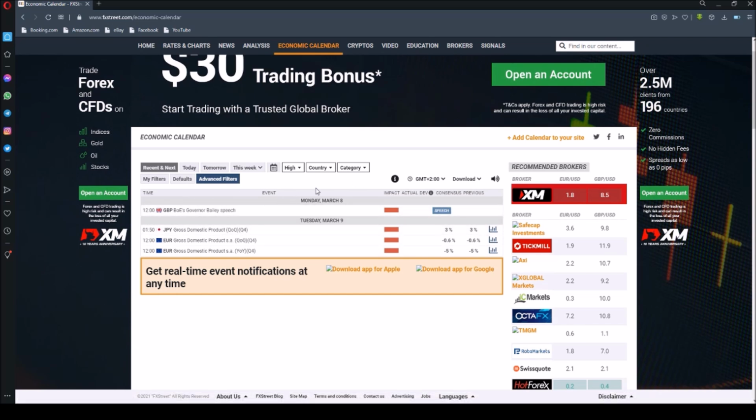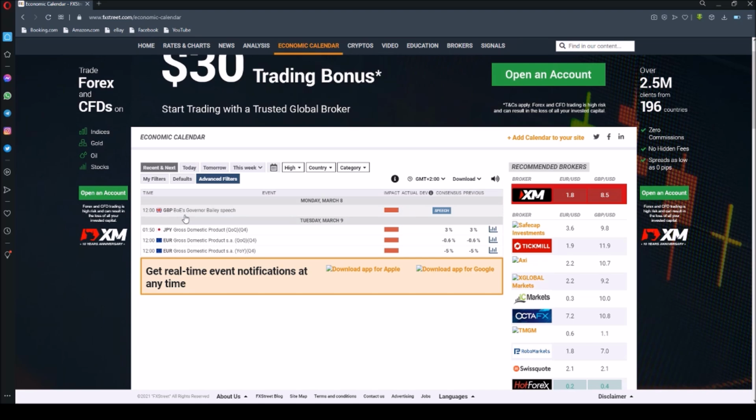Basically, this is 2 hours ahead of the GMT time. So we are going to have a high impact speech on Monday from the Bank of England, and it's basically going to affect the pound.